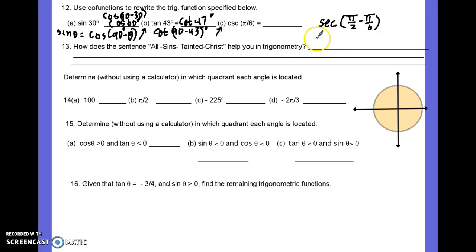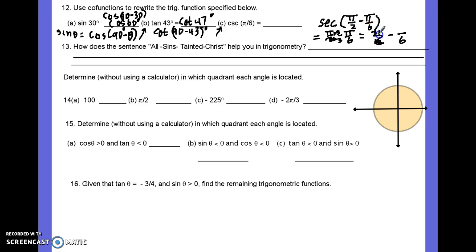Okay, let's work that out. We have pi over 2 minus pi over 6. Our LCD is going to be 12. Made the same mistake in reviewing. It's going to be 6 minus 6. Times 3 here would give me 6, so this is times 3.